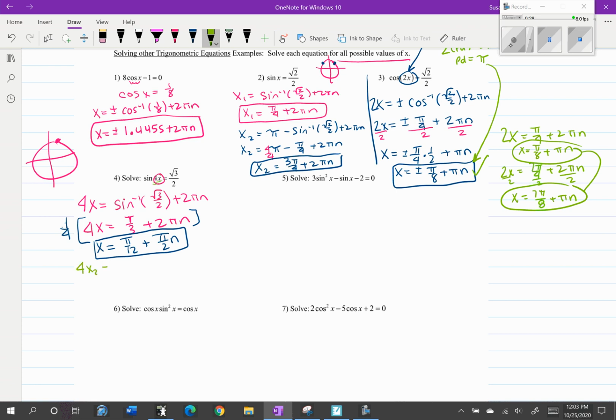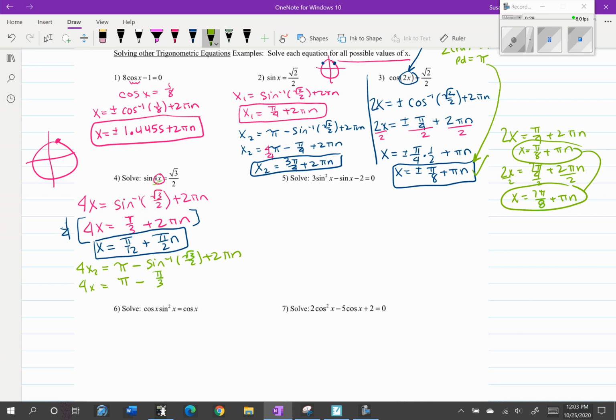So 4x for the second solution would be equal to pi minus the sine inverse of root 3 over 2 plus 2 pi n. Now that gives us 4x is equal to pi minus the sine inverse, which remember we said was pi over 3. Don't use pi over 12 because, remember, the formula uses the sine inverse of that first one, and pi over 12 is not the sine inverse of root 3 over 2.